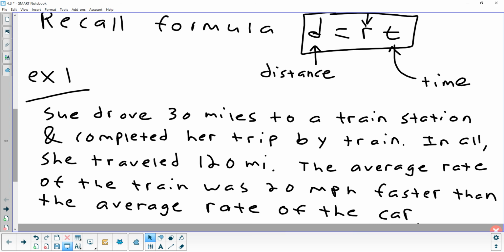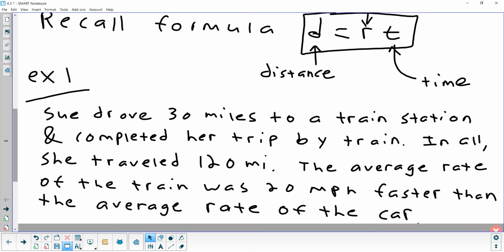So basically what's happening in this problem is Sue is traveling from one place to another, but she's traveling using 2 different modes of transportation. She's going to take a train for part of it, and then a car for the next part. And they tell us a little bit of information about some of the things that would affect her travels, how far she's traveling, the average speed of the train compared to the car, and things like that.